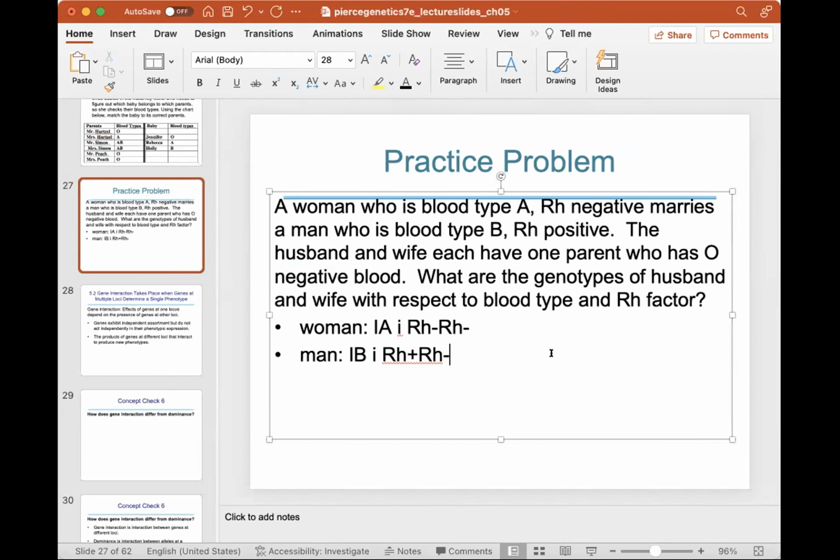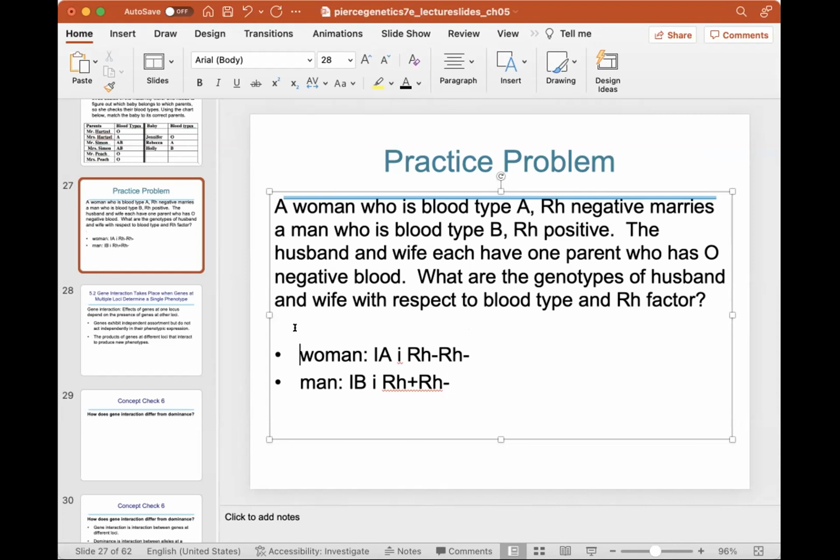So does it make more sense this time around for everyone who found it confusing before? We have one yes. I'll also write in the parent's genotype here so you can see it.